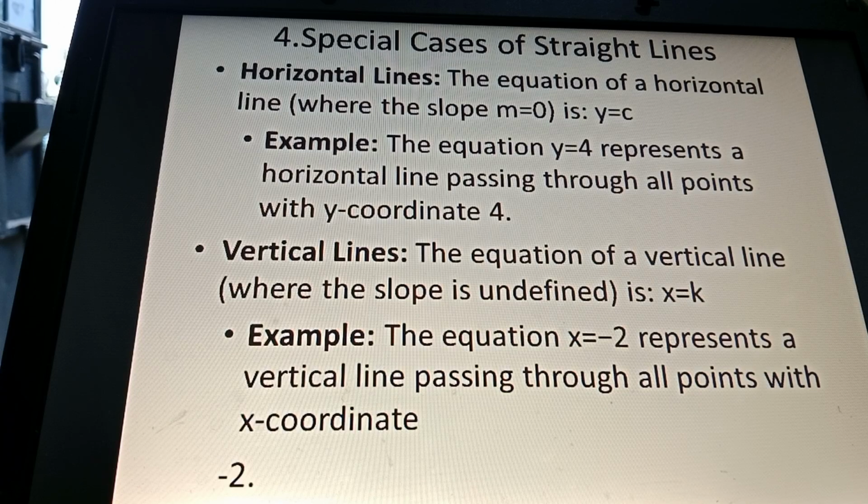The equation of a vertical line where the slope is undefined is x equals k. Meaning, when we say the slope is undefined, it is too steep. Example, the equation x equals -2 represents a vertical line passing through all points with x coordinate -2.